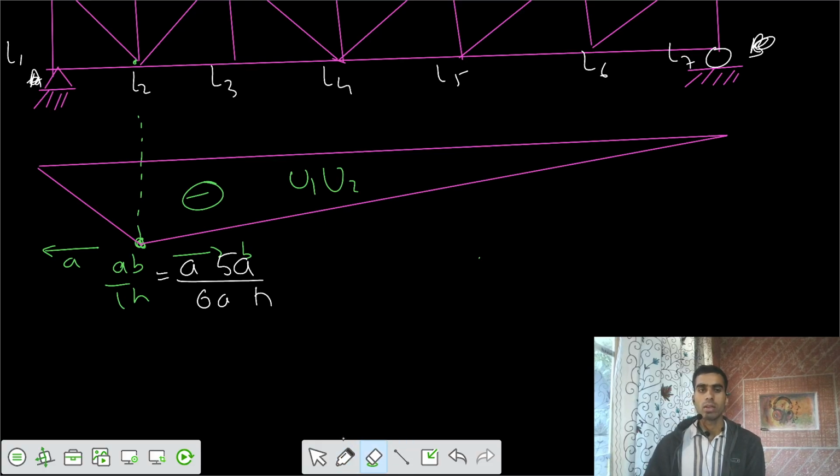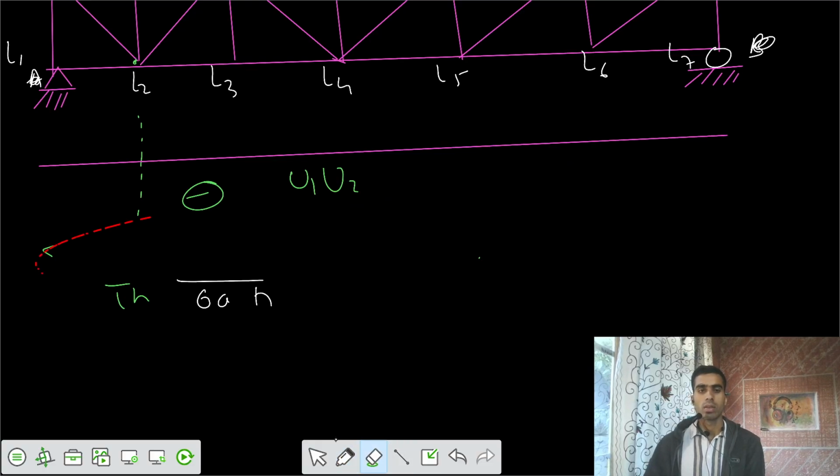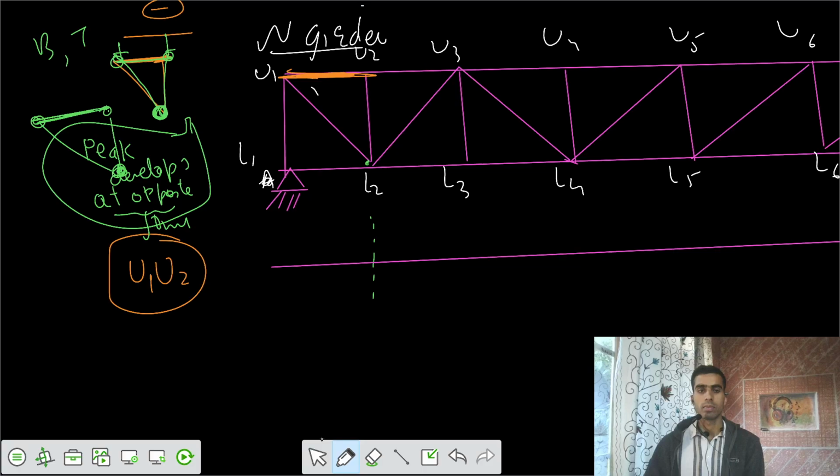Let's take the second one, member U2, U3. It has a triangle, but the triangle is different.